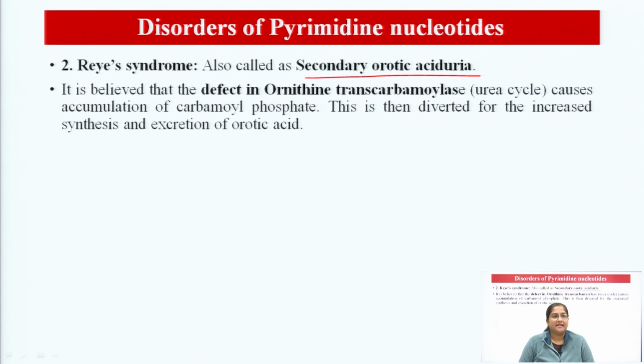This is then diverted for increased synthesis and excretion of orotic acid. That means this disease is not produced by a problem in pyrimidine nucleotide synthesis. It comes from the urea cycle: a defect at the ornithine transcarbamylase step leads to accumulation of carbamoyl phosphate, which gives rise to synthesis and excretion of orotic acid.